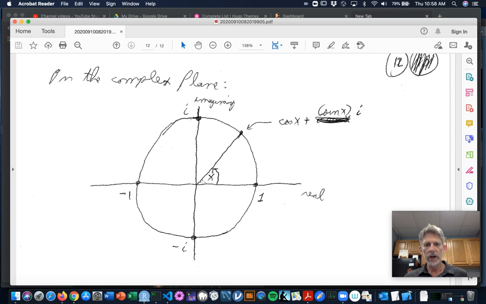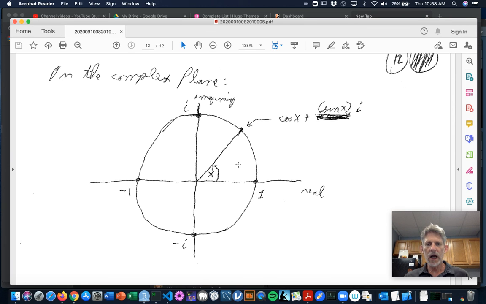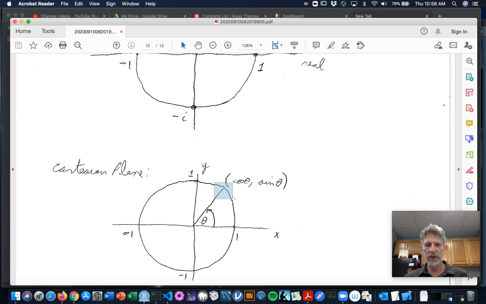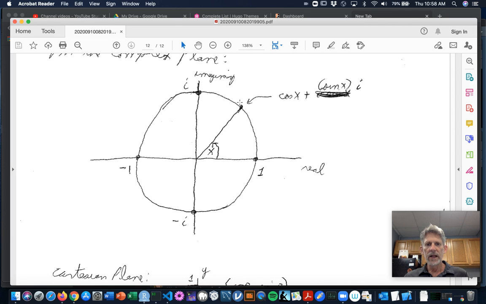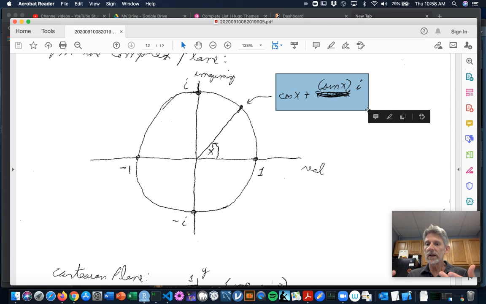And I've drawn an angle of x radians to this line segment arching up to here. Because these coordinates were cosine and sine of the angle, this complex number here had better be cosine of x plus sine of x times I. That is e to the ix, according to Euler's identity.